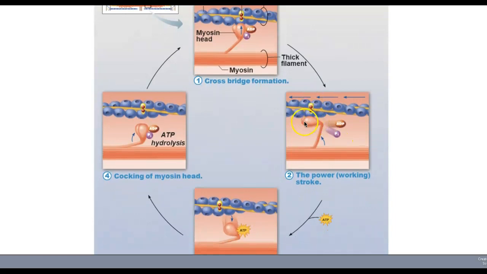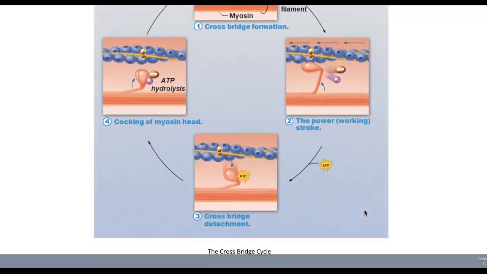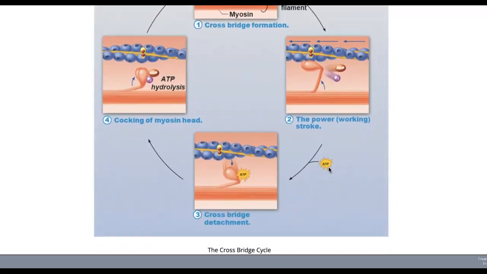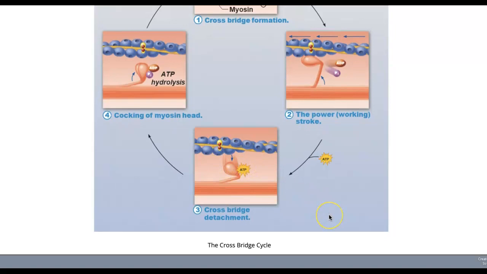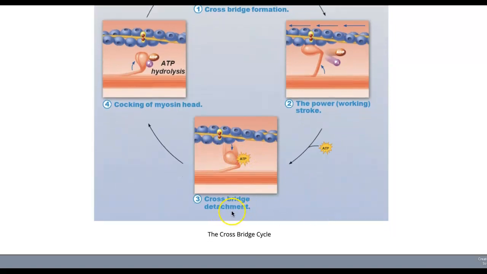Whenever the myosin head pivots, it then releases ADP and phosphate from that ATP binding site. And that's actually an important step here. That will allow a new ATP to come along and bind to the myosin head in the third step, which is called cross-bridge detachment.